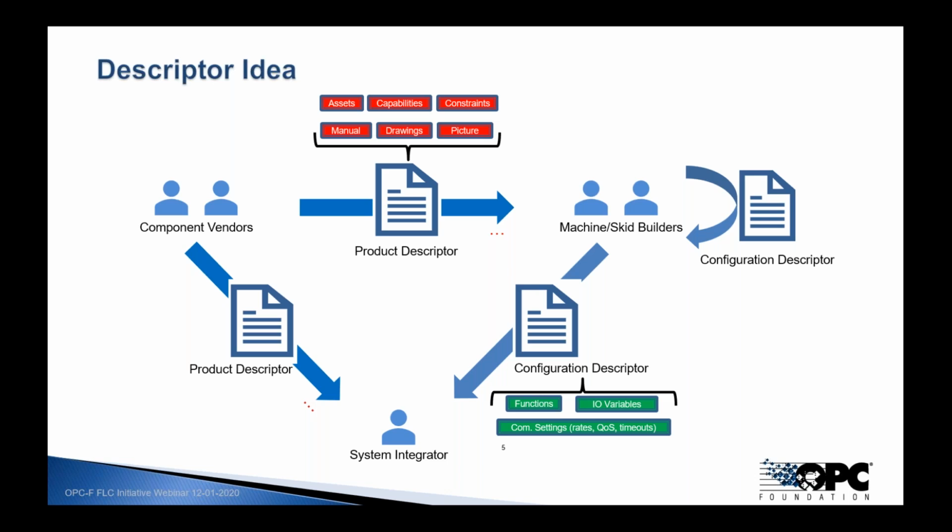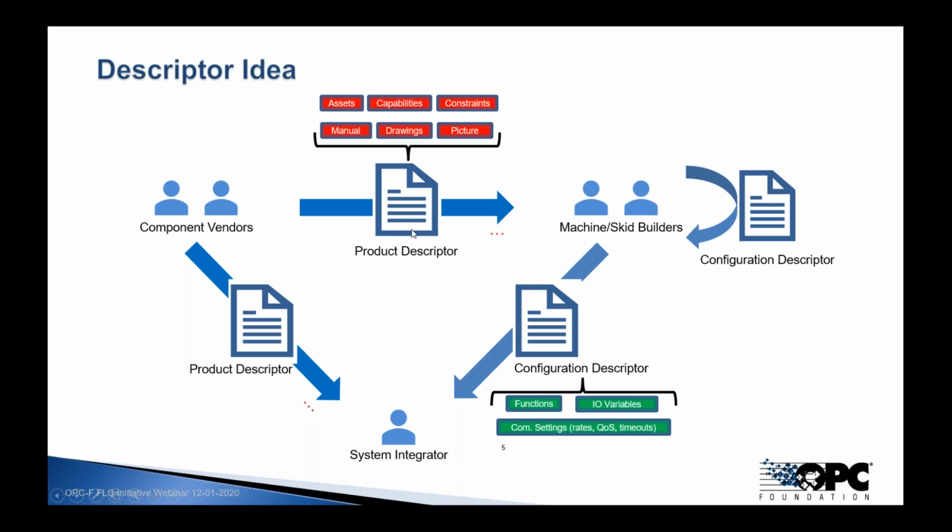So we developed this concept as a kind of general descriptor idea. However, what you see here is already some flavors of a descriptor. Component vendors will share their product descriptions with machine and skid builders or even the system integrators.